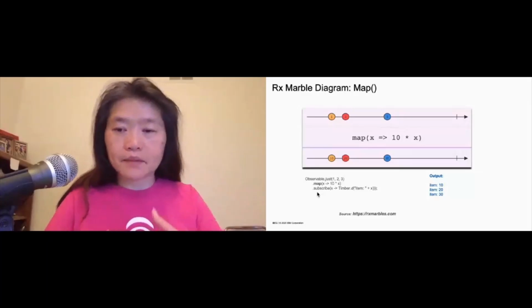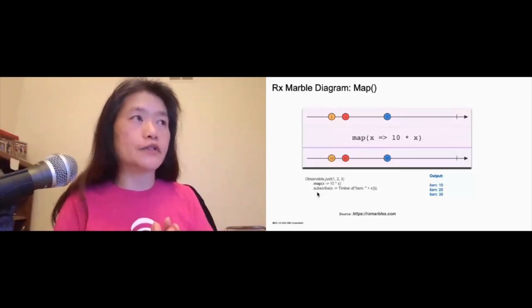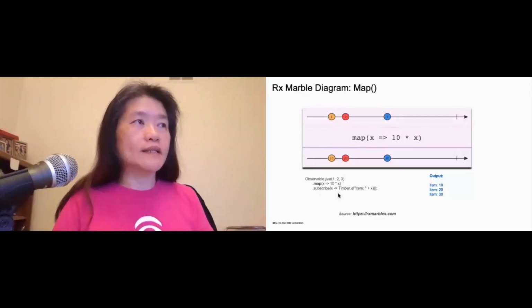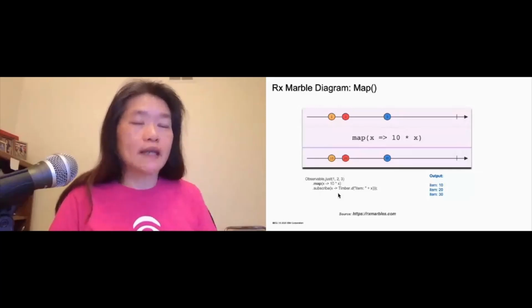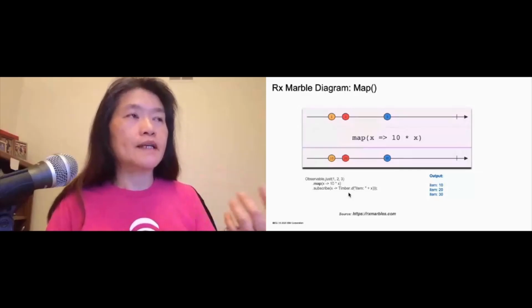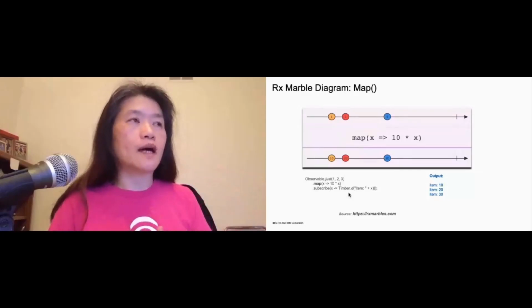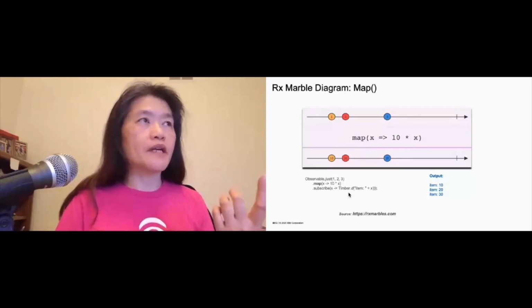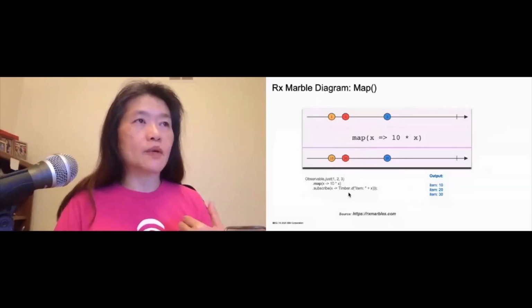That's a reactive programming style. You transform them, and in this case, all it does is take the resulting data and print them out. Timber is just like a system output print line statement. It outputs, and you see 1, 2, and 3 become 10, 20, and 30.